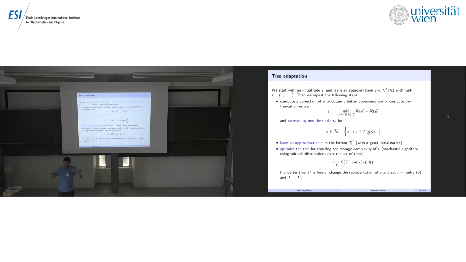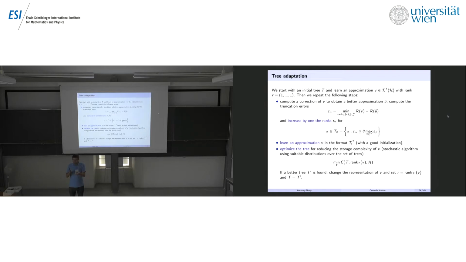We will select a certain collection of ranks to increase. We will learn an approximation in this format. And then we will run a stochastic algorithm to optimize the tree. But this is not a learning task here. What we use are standard tools for compression of tensors. We will try to optimize the complexity of the representation of the tensor that we have at the current iteration. Okay? So it doesn't use the data, just the approximation you have.